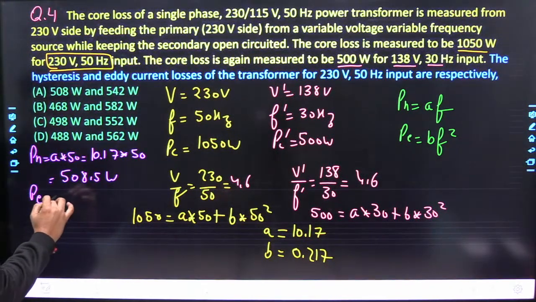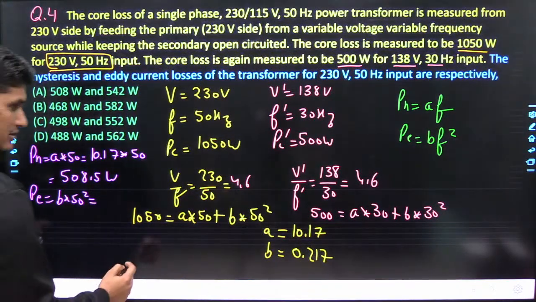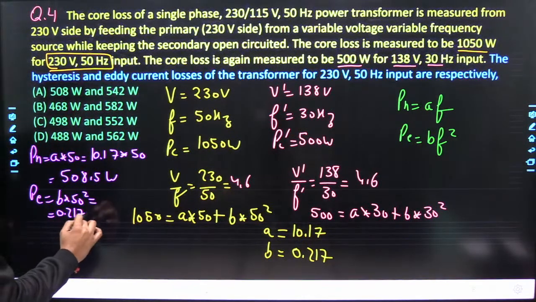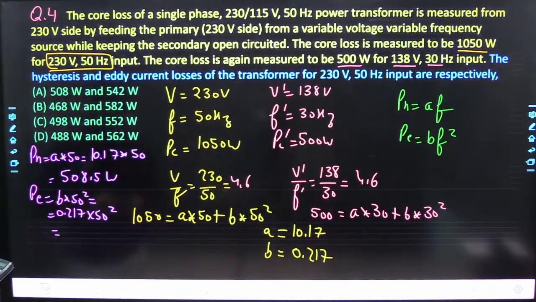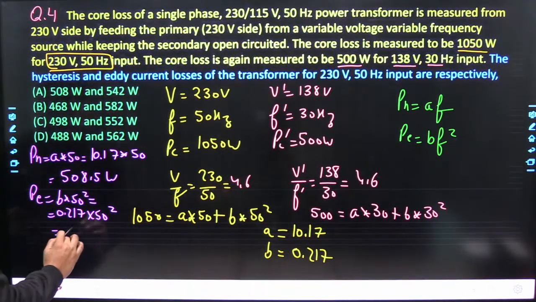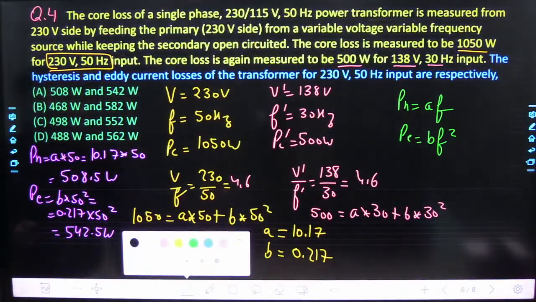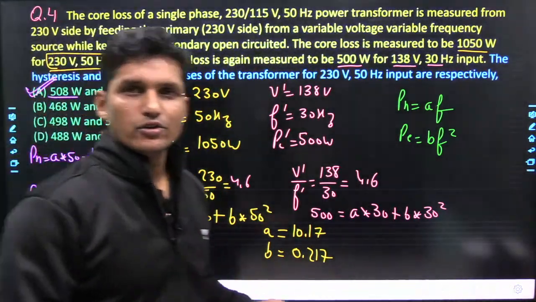Similarly, eddy current loss is B into 50 square, that is 0.217 into 50 square, so it becomes 542.5 watt. So option A is the correct one, that is 500 watt and 542 watt.